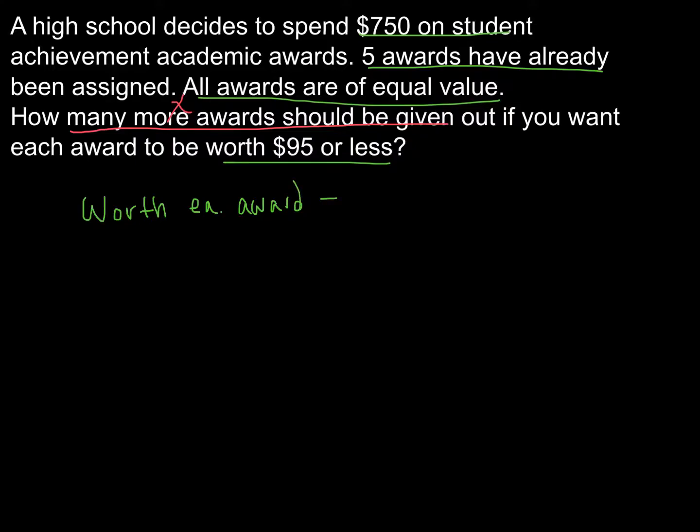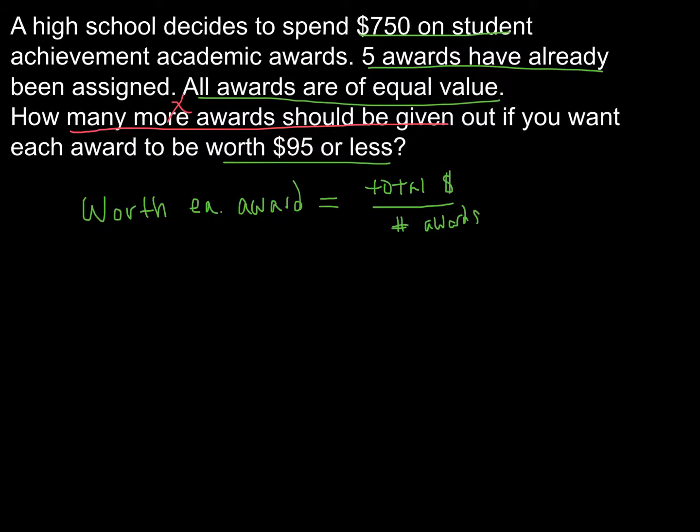So the worth of each award, pause the video and try this on your own. The worth of each award is just going to be the total amount of money divided by the number of awards. Now that I have this written out, I can start plugging in things that I know.